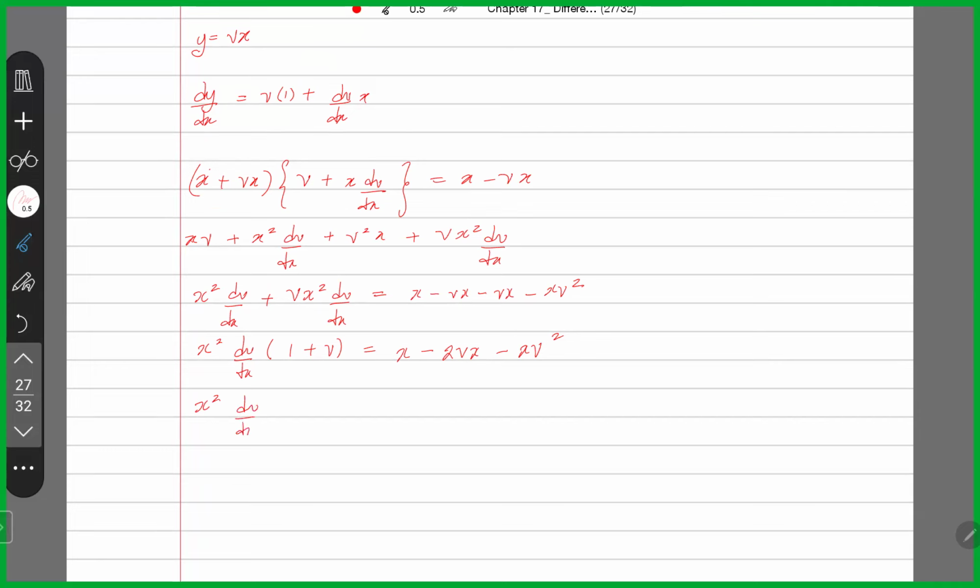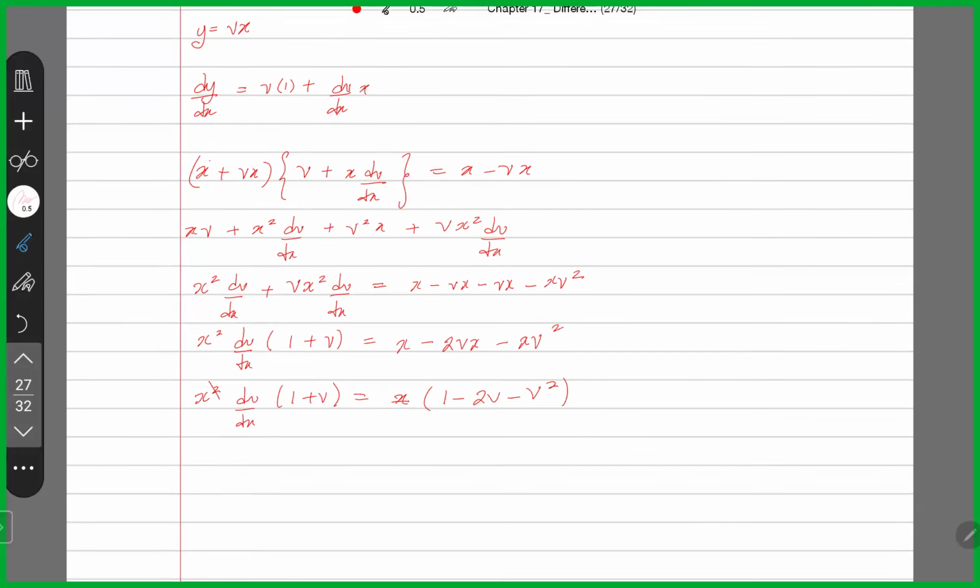dv by dx, 1 plus v, and x is common, we have 1 minus 2v minus v squared. This x cancels one of these x's. Let us do our variable separation.